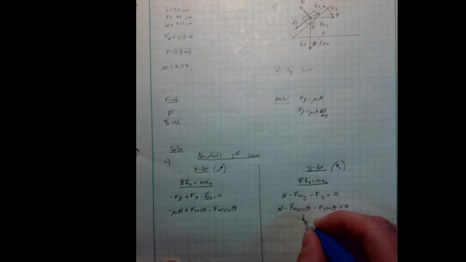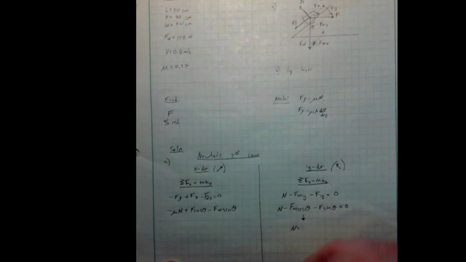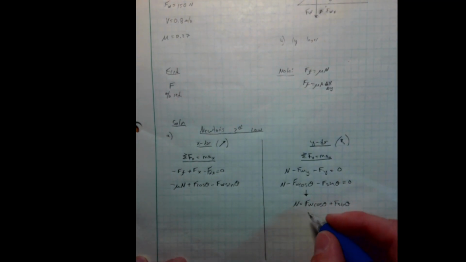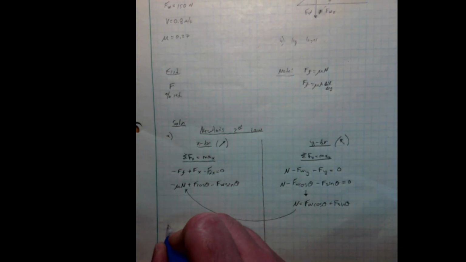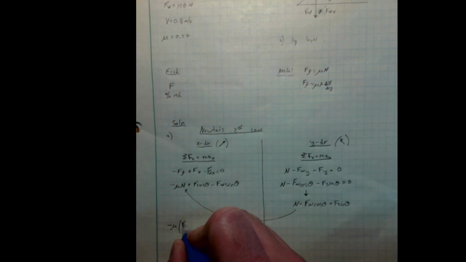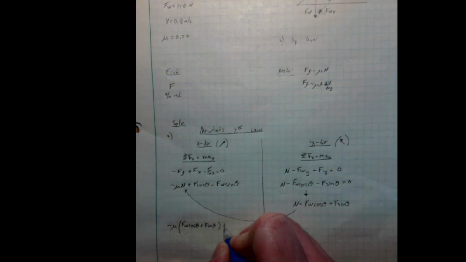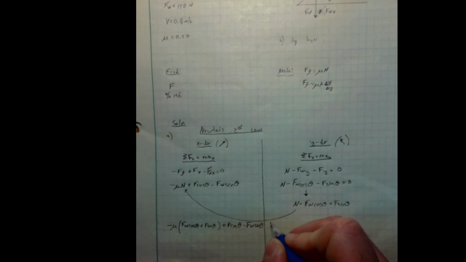And then I believe I solved for the normal force, which is FW cosine theta plus F sine theta. And then you can put an arrow, and then you can plug that in. Minus mu times FW cosine theta plus F sine theta, plus F cosine theta minus FW sine theta equals 0.